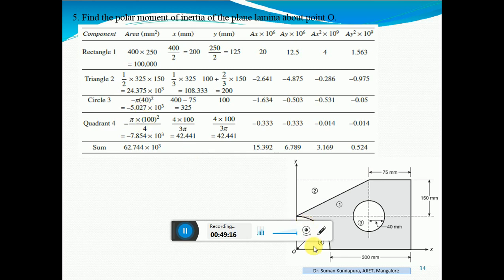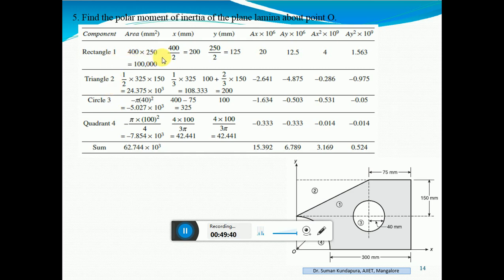The quadrant is also a cutoff portion. Its radius is 100, I told you. So minus pi into 100 square divided by 4. All these formulas for calculating the area of the quadrant, circle, triangle and rectangle you should know.